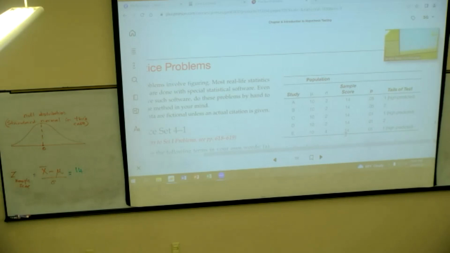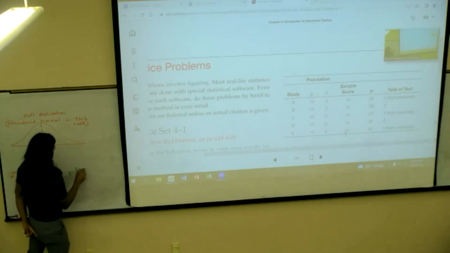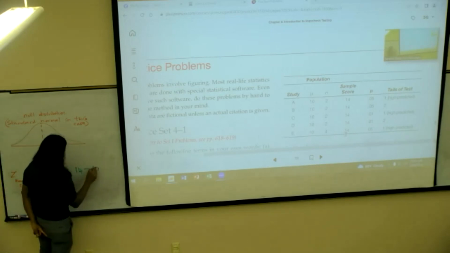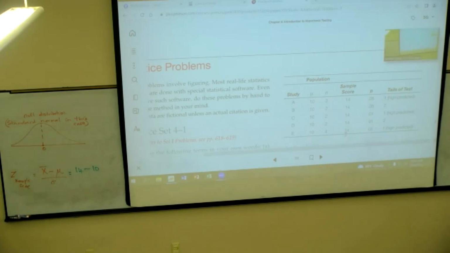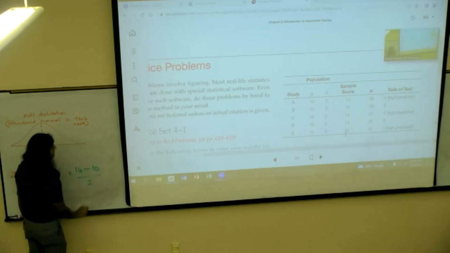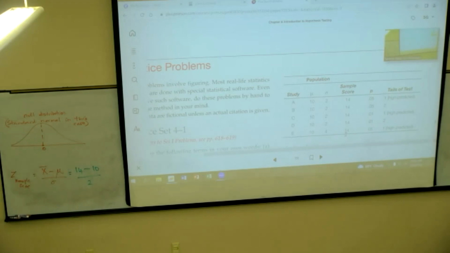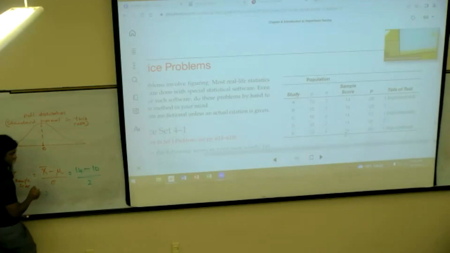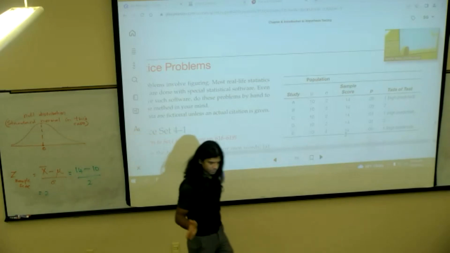In other words, that is the mean that we get from the sample, minus 10, which is the mean, divided by the standard deviation, 2. Well, what do we get? 14 minus 10, 4. 4 divided by 2, 2. So the sample z-score is simply 2.